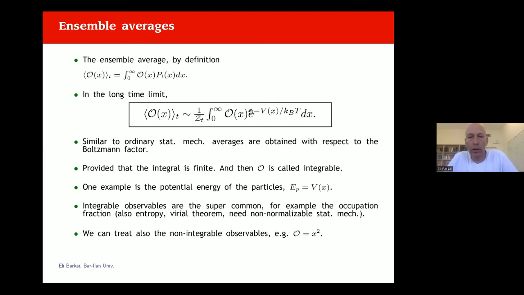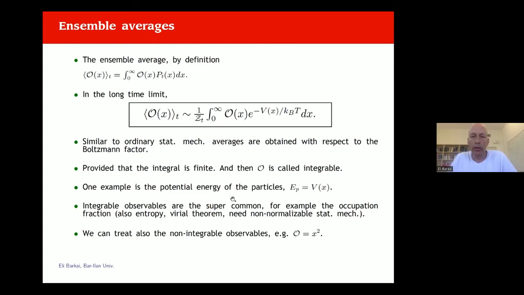Now the question is, what are these observables for which this integral exists? And the answer in our example is that many observables are suited to this. For example, the energy itself, because it goes to 0 at large distances, is an integrable observable. If you plug in the potential, it will give you a finite number and it will give you the ensemble average.